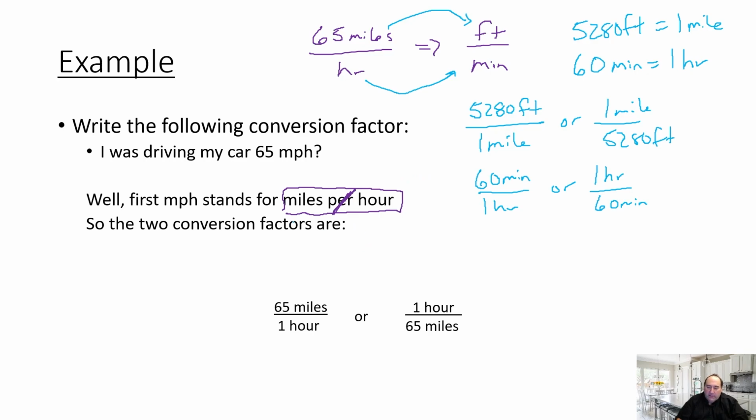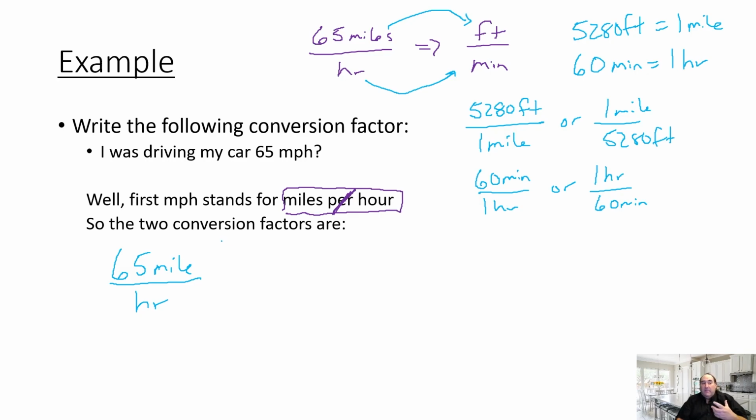So when we do this type of conversion, we would start with what was given to us. And really, you could just think of it as 2 separate conversion factors, but I would set it up with the dimensional analysis fraction way so we could clearly see where units are.